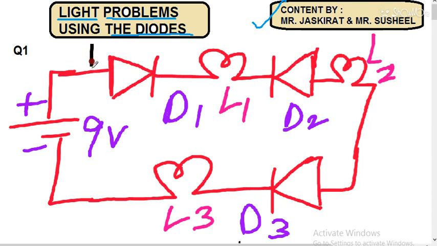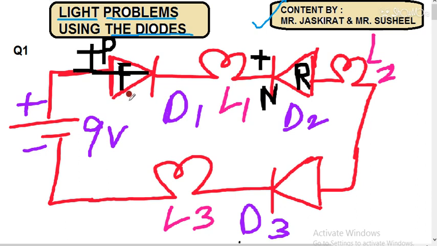This side is connected to positive voltage and it is the P side, so this diode will be forward biased and act as a closed switch, so positive voltage will go here. Now this diode will be reverse biased because the N side is connected to the positive terminal. I think the first two diodes are clear. This one is forward biased and this one is reverse biased.